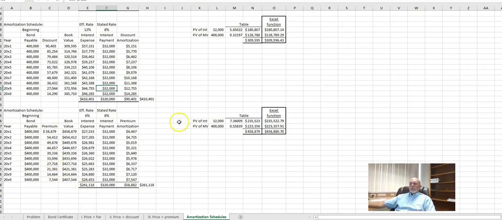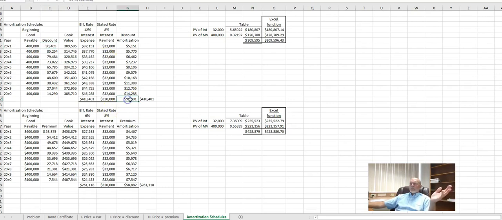I want you to notice that in the exam, I may ask you to do an amortization table, and what you total, these totals help to show that everything is coming out okay. These columns are not totaled because those are not meaningful totals. But one thing you want to double check is, when everything is said and done, did you fully amortize the discount or premium that you started with?